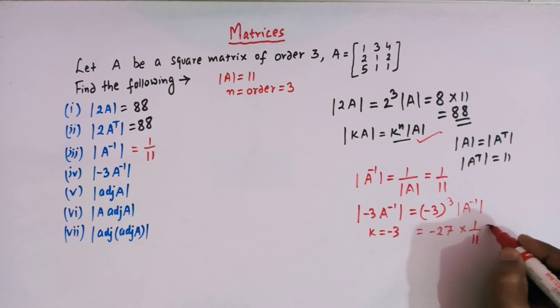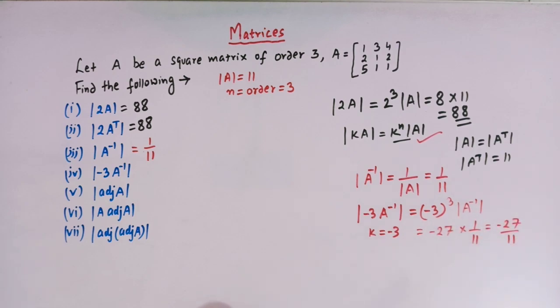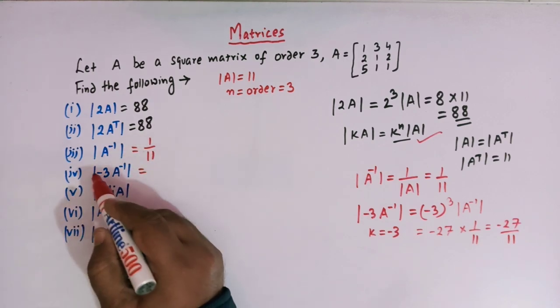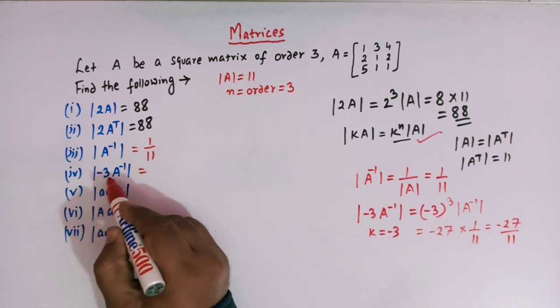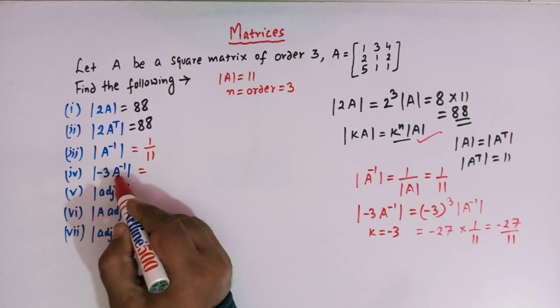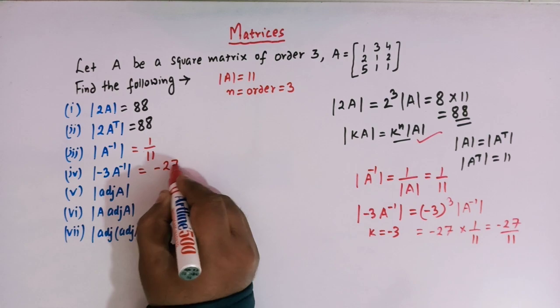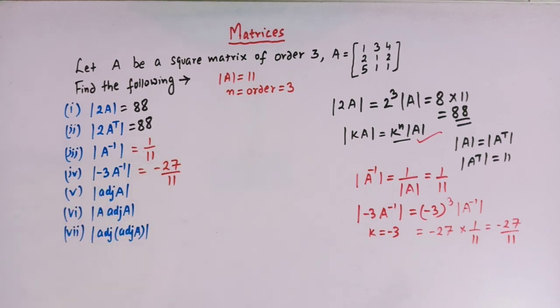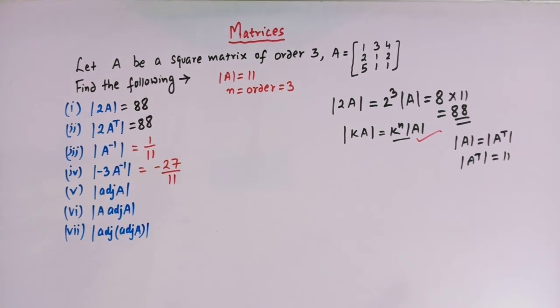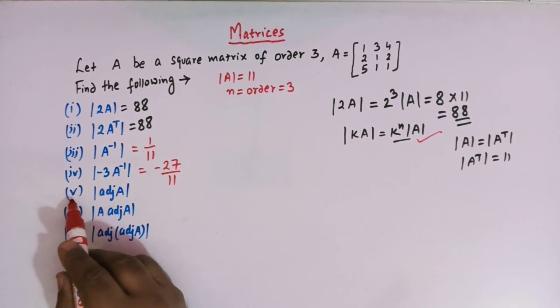So we have minus 27 over 11. So the value of the determinant of minus 3 times the inverse of matrix A is given by minus 27 over 11.